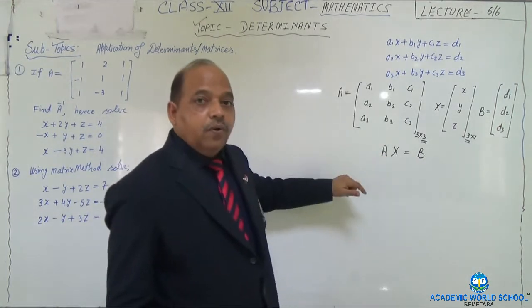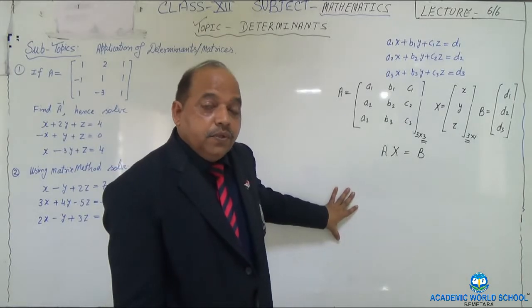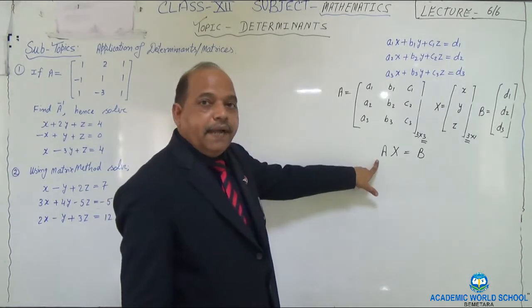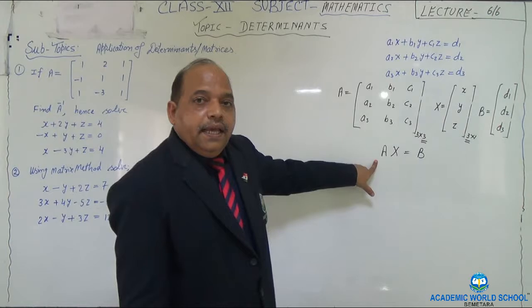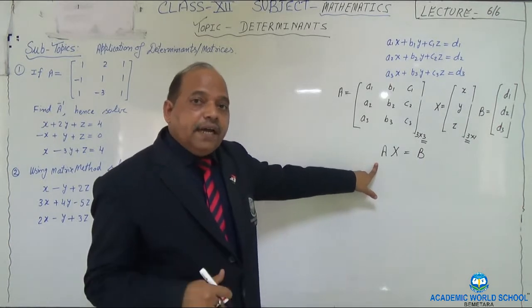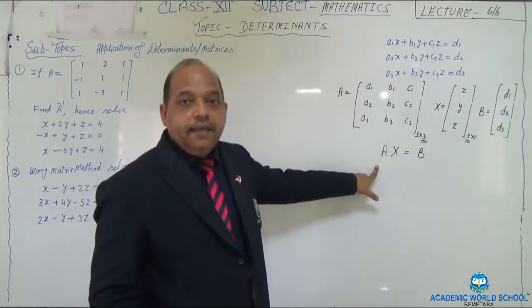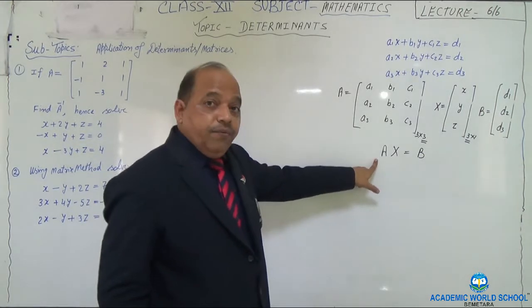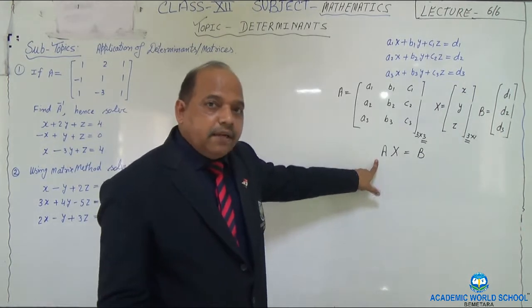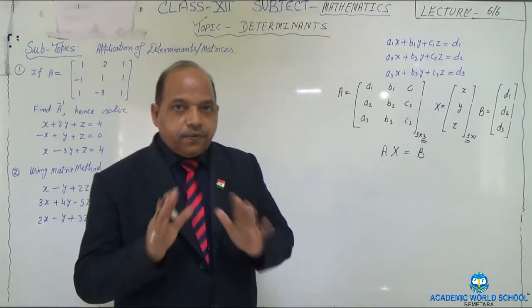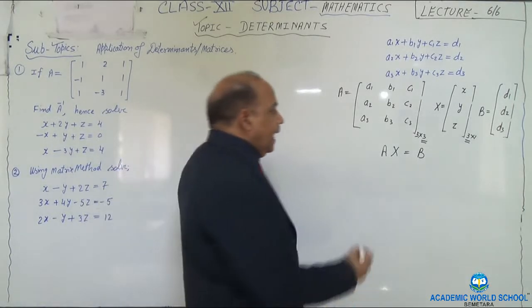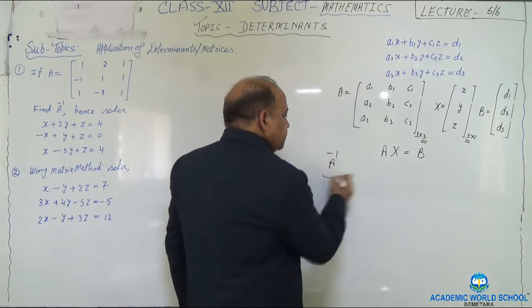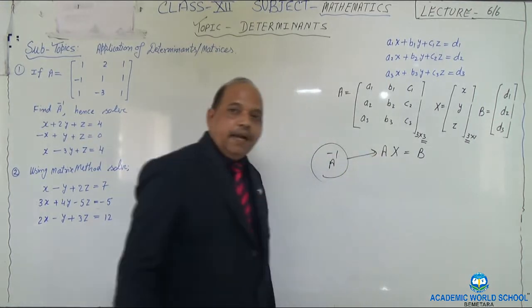So before going for the solution, you need to think, this is a matrix which is A. Is it possible to find the inverse of A? A is a square matrix. So for a minute, just for a minute, suppose A inverse is the inverse of this matrix.